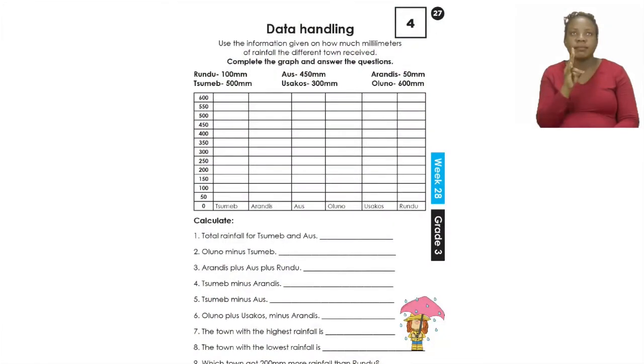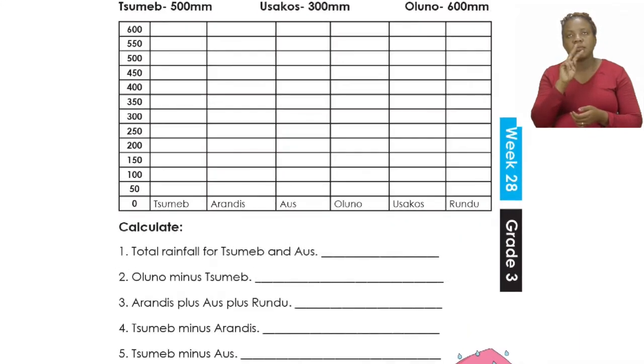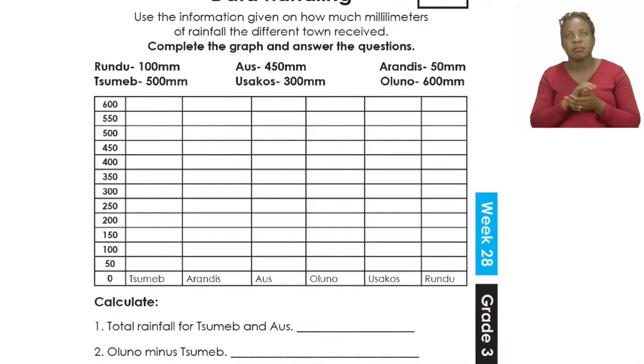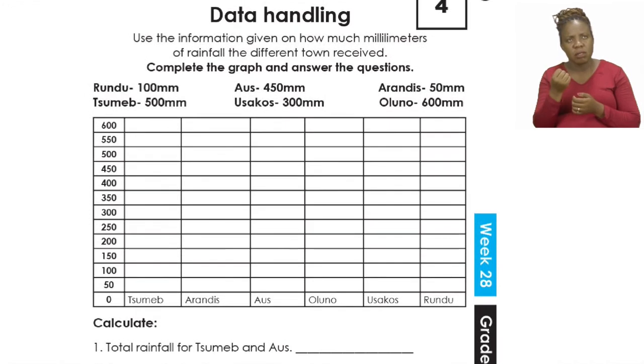Let's see what we have to do here. Data handling. Now here it says you need to use the information given on how many millimeters of rainfall each town received. Right? And then you need to complete the graph and answer the questions.